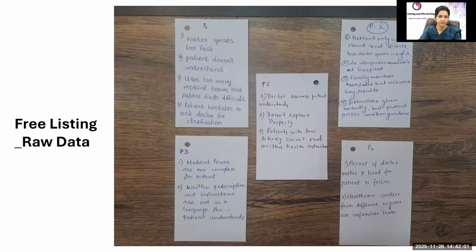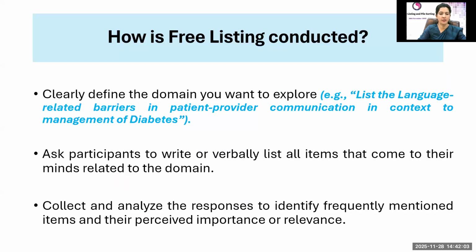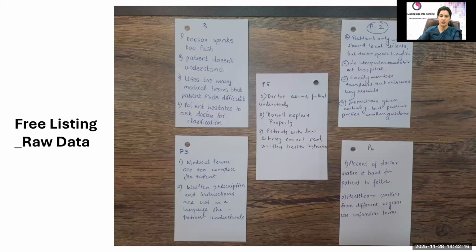Yes. So now, you ask the question, list the language related barriers in the patient provider communication, and you people have done it. I will just take the example of whatever you have done. This was a piece of paper. We have refined it, and for demonstration, we have written it.